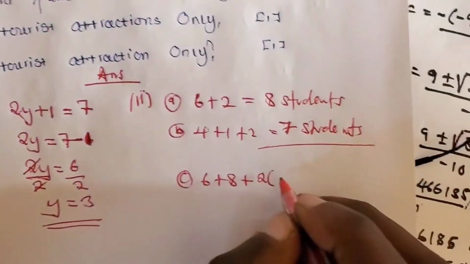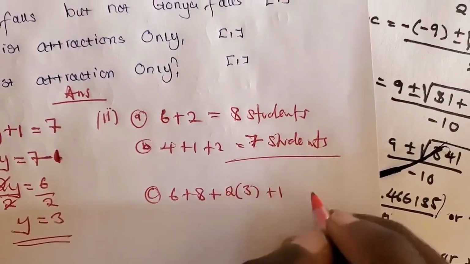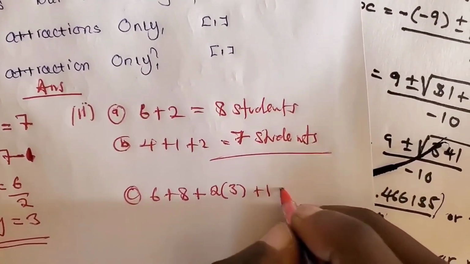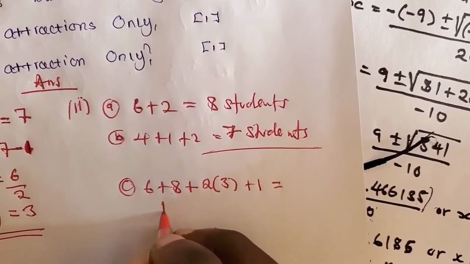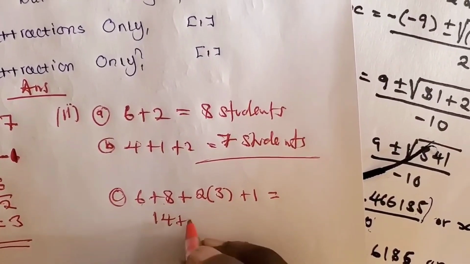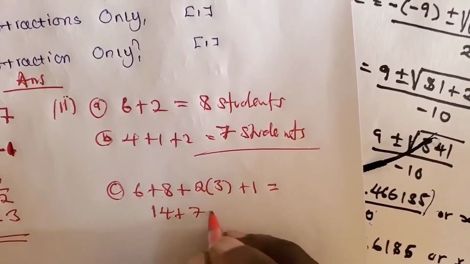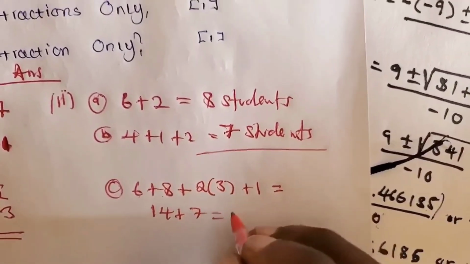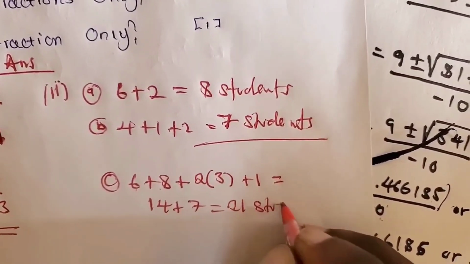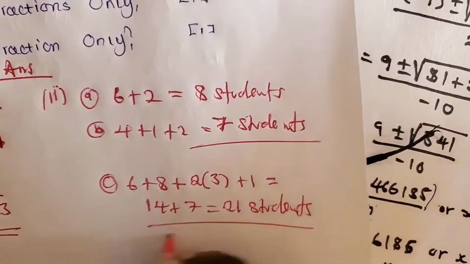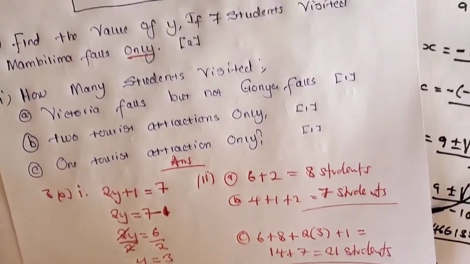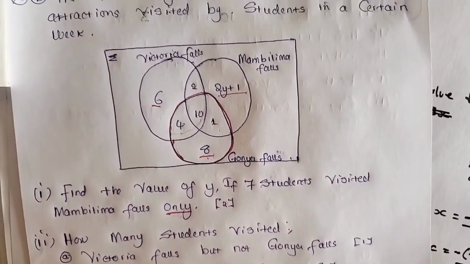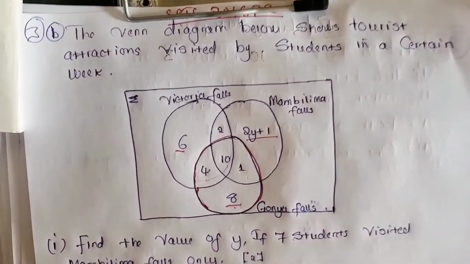Our y is 3, right? So 3 plus 1. Then 6 plus 8 is 14, plus 2 times 3 is 6, plus 1 is 7. 7 plus 14 is 21 students. So that is the answer to this question here.